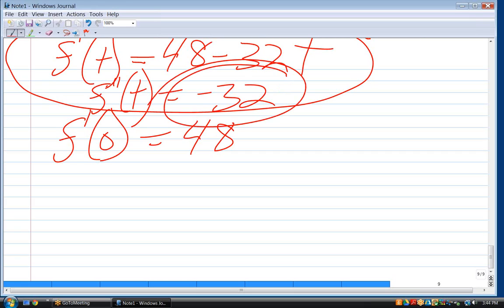But it's worth knowing, just for your information, that velocity is the first derivative of position, and acceleration is the first derivative of velocity, or the second derivative of position.